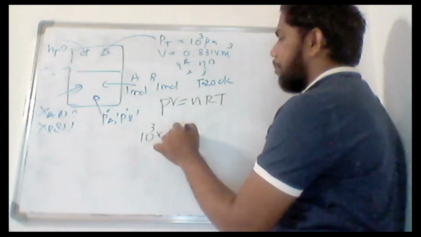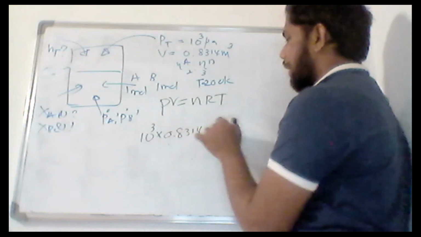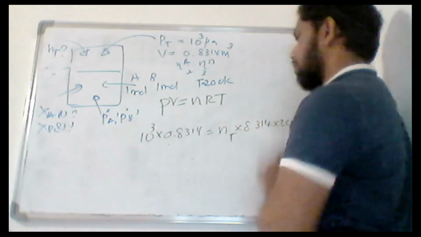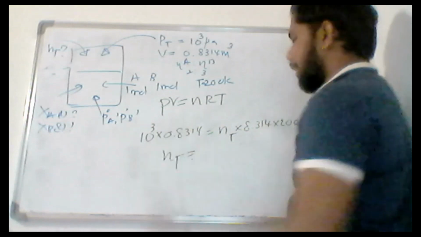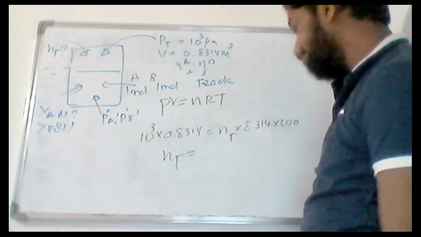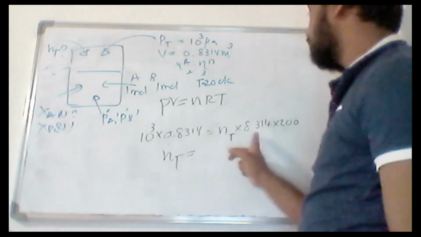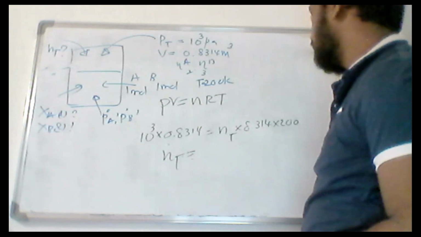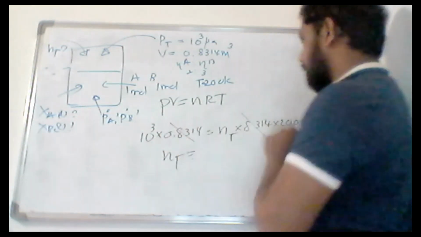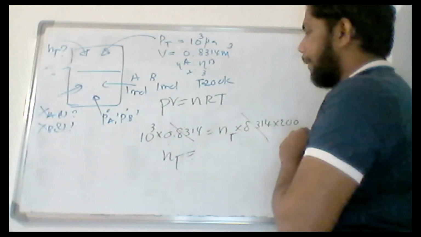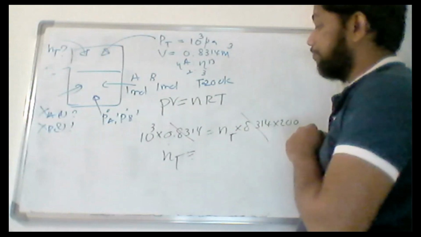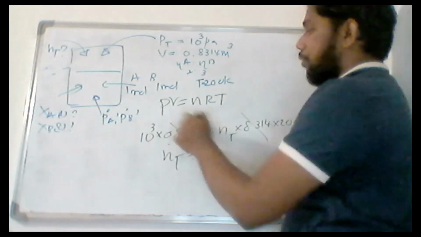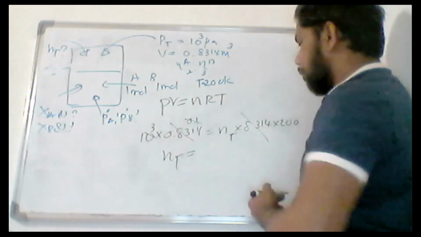And volume is 0.8314. Nt, R is 8.314. Temperature is 200. So according to this, you can calculate it. It is easy because you have been given the same numbers that you can use to cancel. Typically, if I cancel this one and this one, this will be 0.1. 0.1 into 10 to the power 3 means 10 to the power 2.